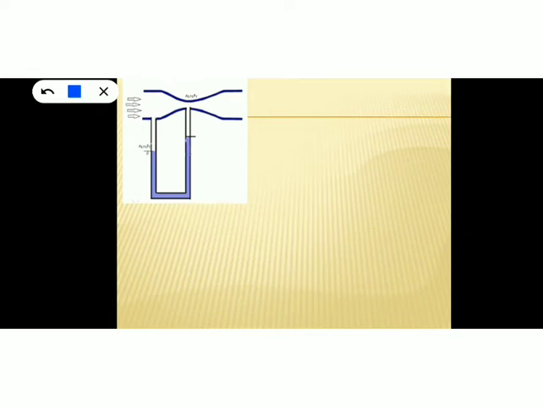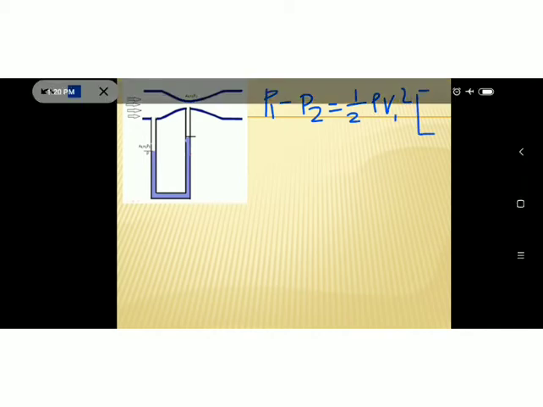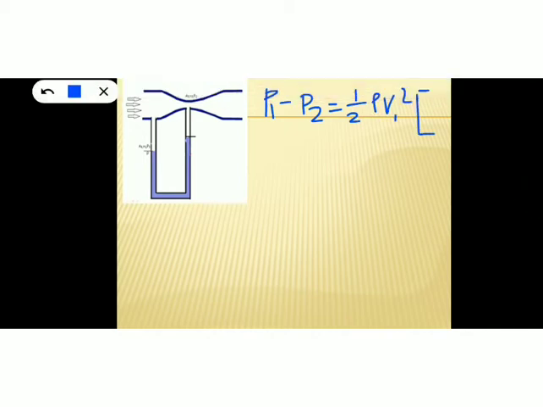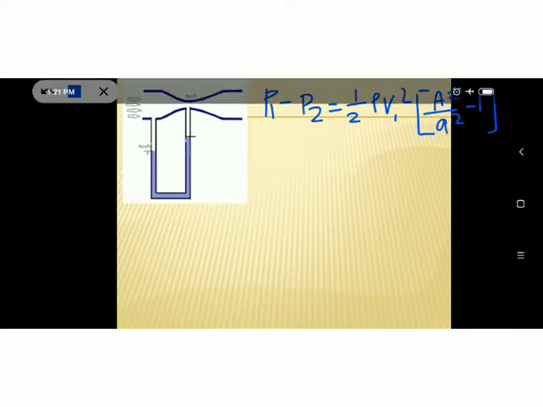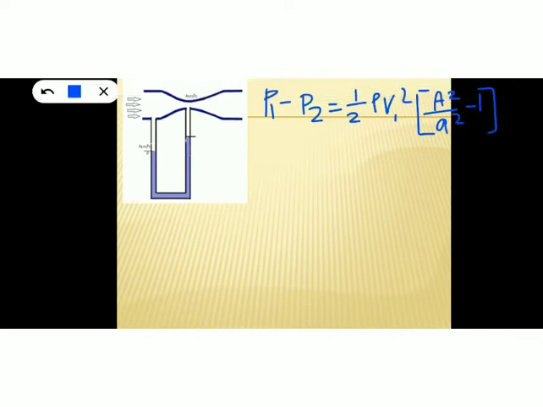So we got the expression P1 minus P2 equal to half rho V1 square into capital A square by small a square minus 1. Now here we need to do some modifications. P1 minus P2 is the pressure difference.